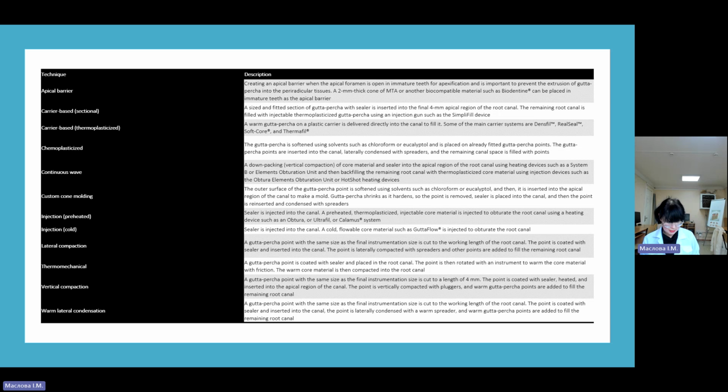It also contains bismuth. The material sets within an hour, and the CPM sealer has been found to be dimensionally stable, but it exhibits significantly more leakage when compared with MTA fillers.